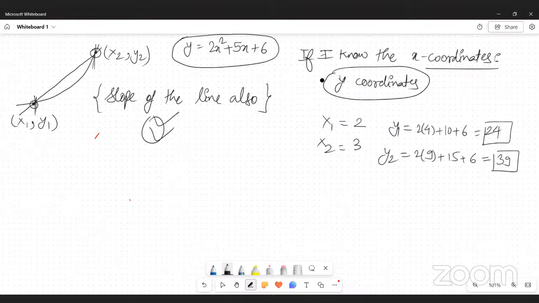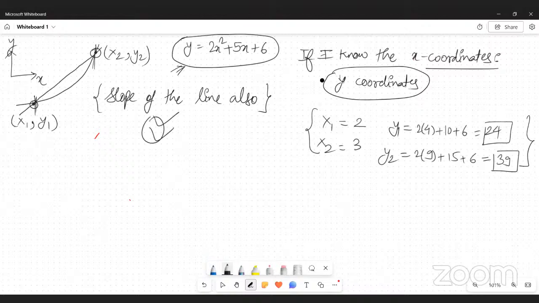See, I gave you this relation. I have plotted it in the XY curve. I know you guys don't know how to plot it, but that's not an issue. I have taken two values on the x, so I have taken x1 and x2. If I know x1 and x2, do I know y1 and y2 immediately?